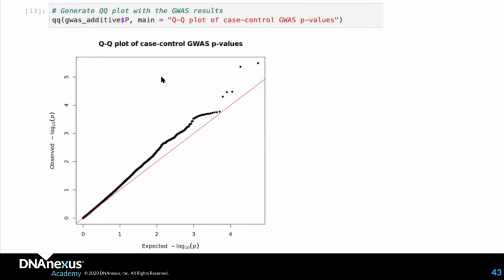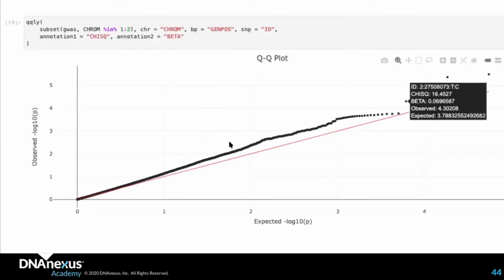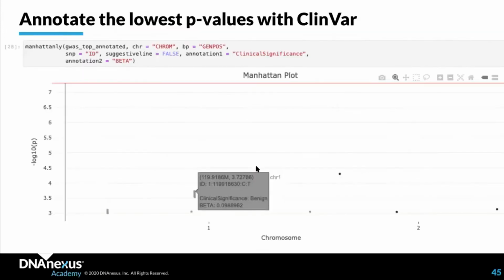This is a GWAS QQ plot of the GWAS p-values, and this is the interactive version of that. Finally, and this is where we're heading at the end, we're going to be merging our top candidates with ClinVar annotation.